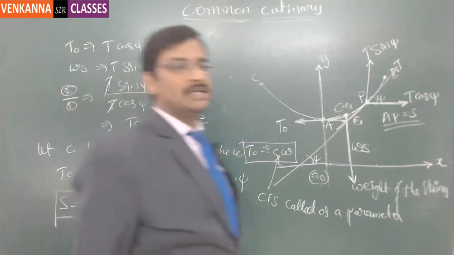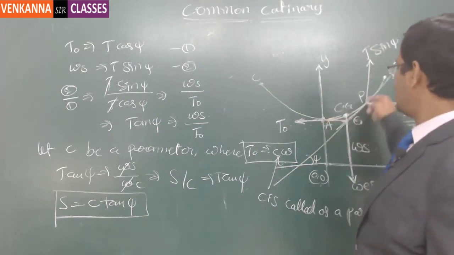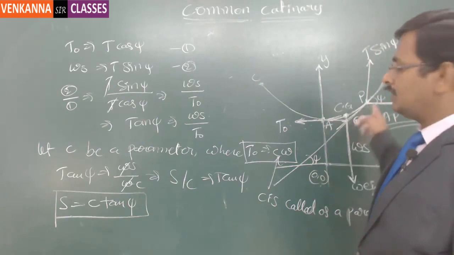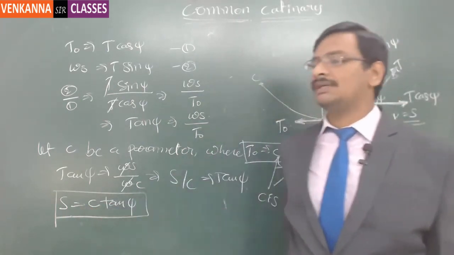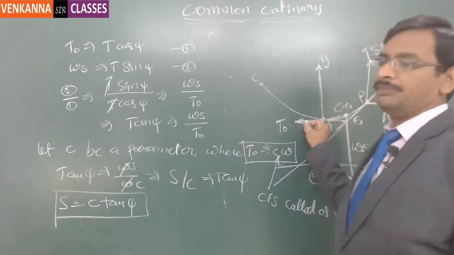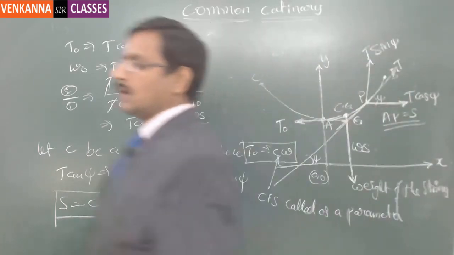At any instant, if you want to find the length of the string with respect to the angle psi, you can easily calculate S as C into tan psi, where C is defined by the horizontal tension at this particular point. This is what is called the intrinsic equation of the common catenary.